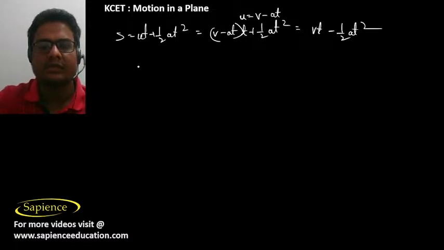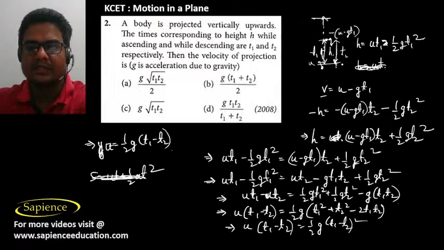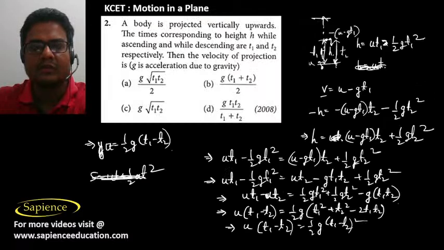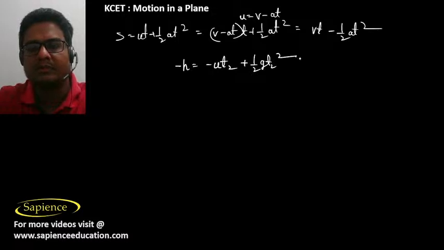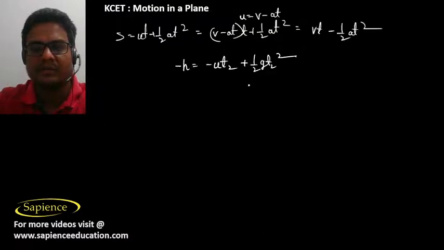So s is equal to vt minus half at square. So while returning back, minus h is equal to, the final velocity is minus u, so minus u into t2, then this will be plus half gt2 square, since it will be minus of half of minus g, a is minus g when it comes downward.